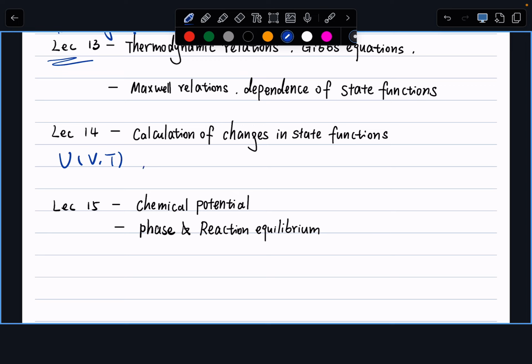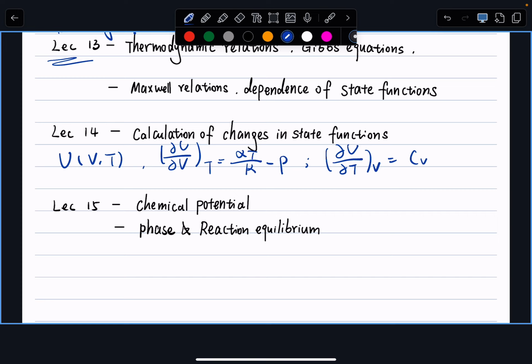Or the other way to put it, we can write dU equals the dependence of internal energy on volume and temperature. Specifically, let me write that out: dU/dV at constant T is equal to alpha T over chi minus P, and dU/dT at constant V is just your Cv.